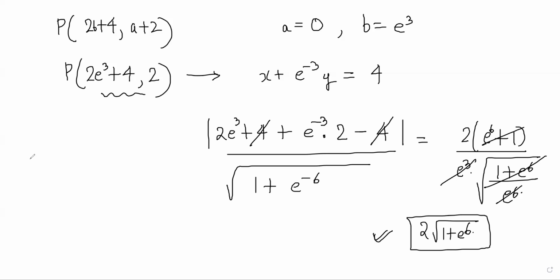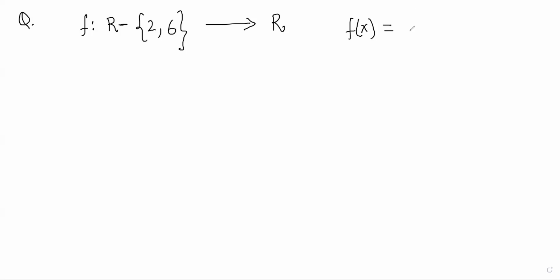Okay. Now, this question. f is defined on the reals minus the set {2, 6}, and f of x is equal to x square plus 2x plus 1 divided by x square minus 8x plus 12.